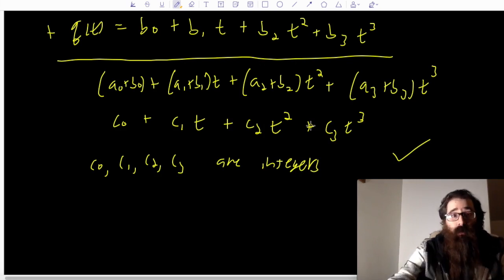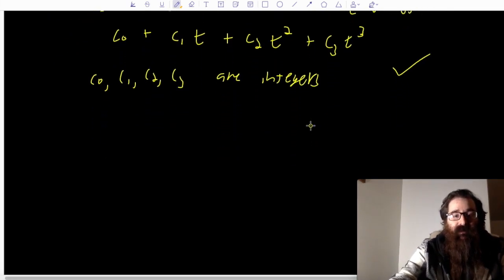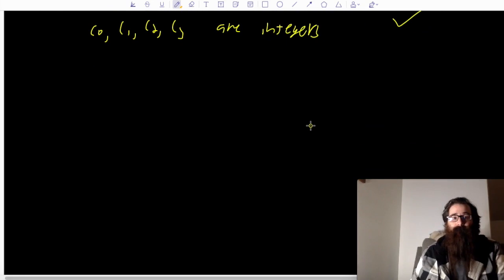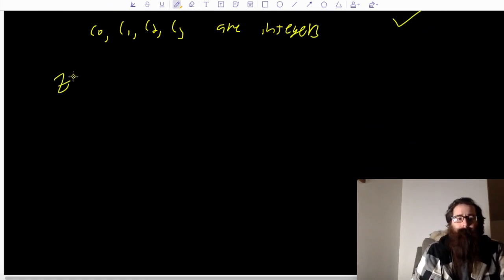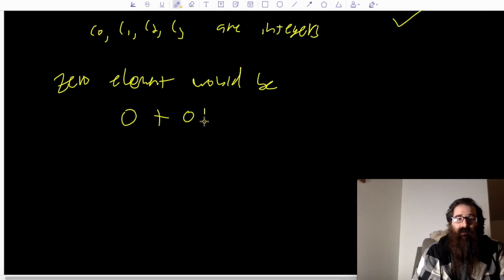What about the 0 element? What about our 0 polynomial? Do we have that? Well, how would that look? So the 0 element would be 0 plus 0t plus 0t squared plus 0t cubed.